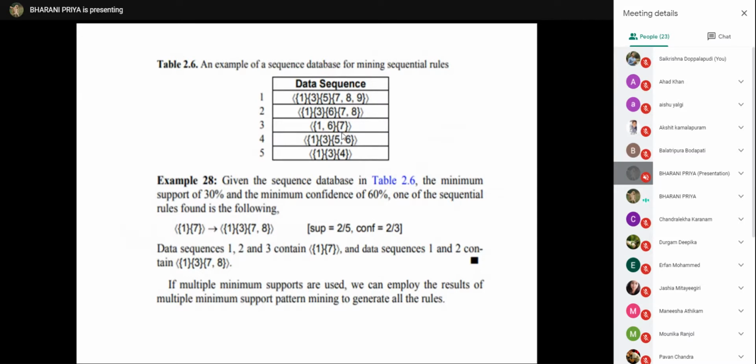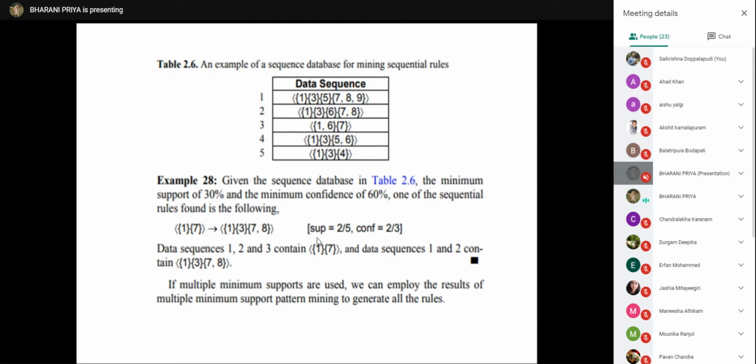Let us see the example here. These are data sequences. When you observe here, 1378 is a sequence and 17 is a subsequence of 1378. And how did you calculate this support? Out of 5 sequences, 2 sequences, 1378, 1378, contain Y, the conjugate.